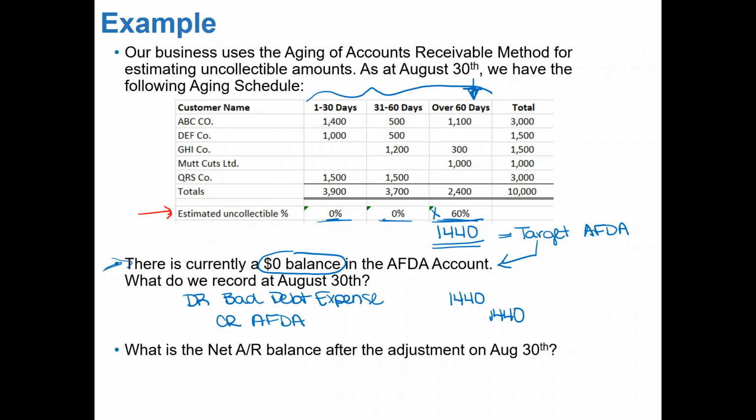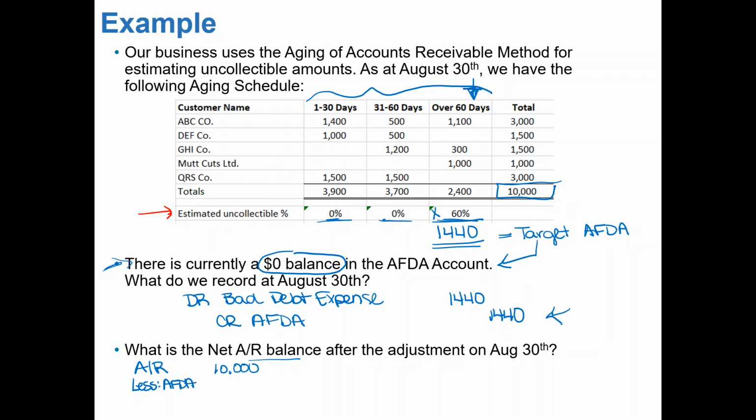Okay, so we booked that, and now it asks us what is the net AR after that adjustment. So we know that our AR amount, we've got this full 10,000 total. And then we need to subtract the AFTA. So we just booked that.